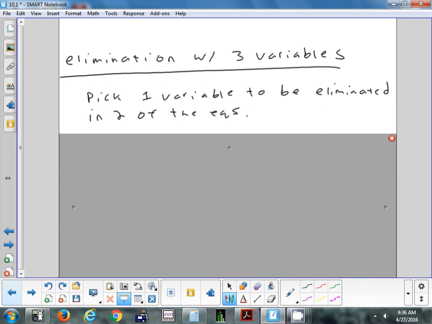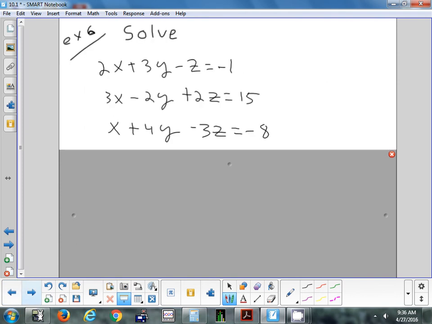All right, first thing we're going to try to do is pick a variable to eliminate in two of the equations. So I may say, let's pick two of these equations and try to get rid of the x's. Just the x's.